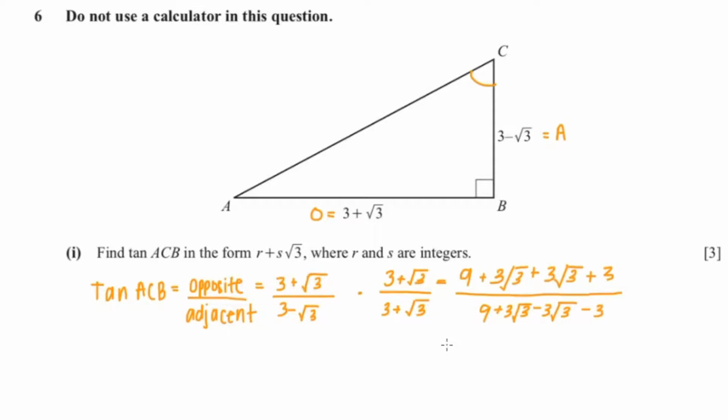Now when we simplify this, it would be 9 plus 3 is 12 plus 6 surd 3 over 9 minus 3, which is 6.